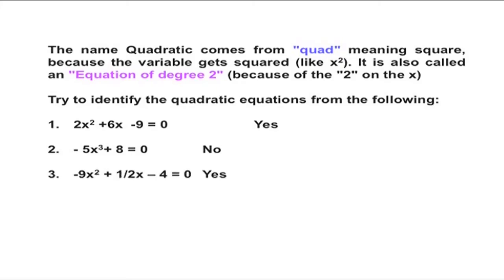And the third equation, minus 9x square plus 1 upon 2x minus 4 equal to 0, is also a quadratic equation because here the highest power of the variable is x square, that is, the highest power is 2.